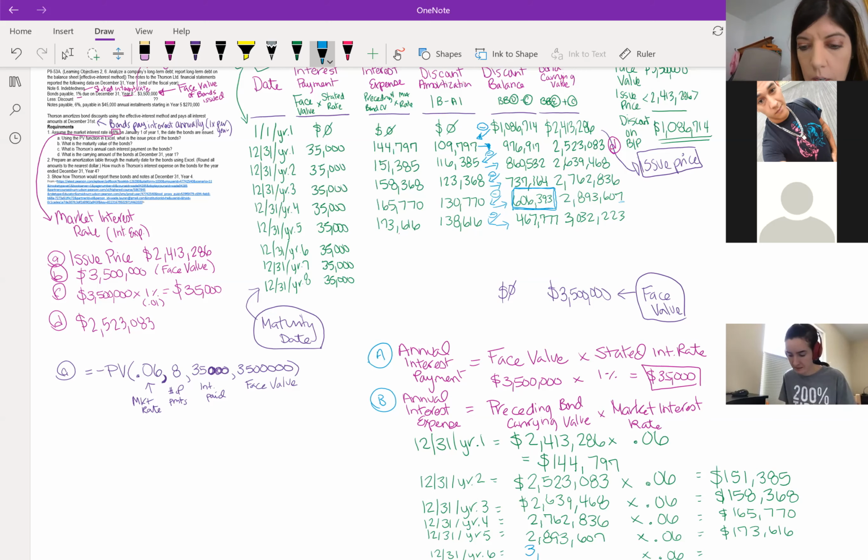So to calculate the next year's interest expense, so year 6, $3,032,223 times 6%, and you calculated $181,933.